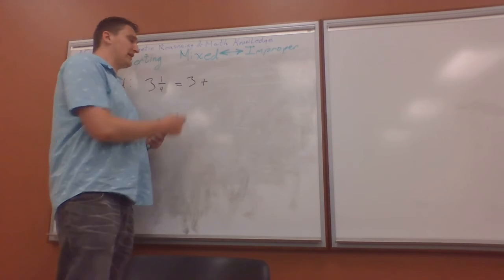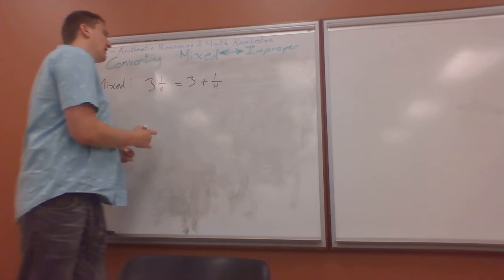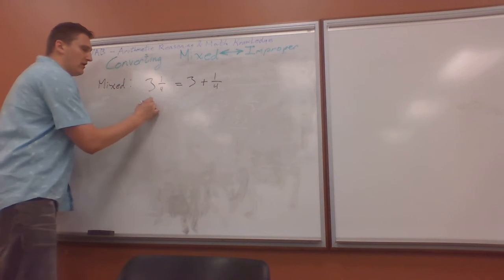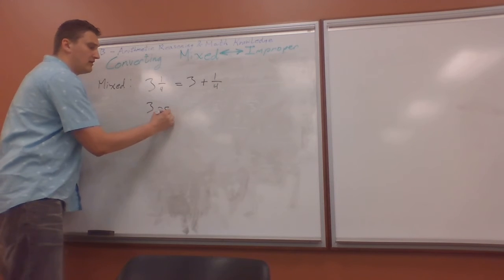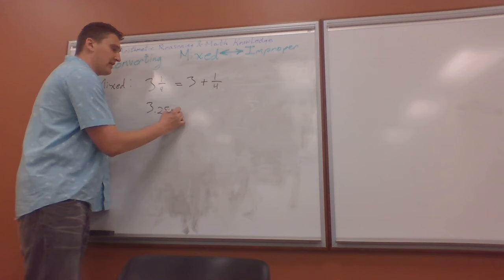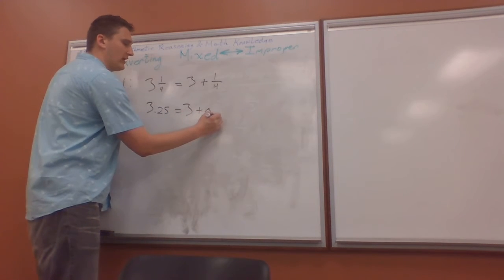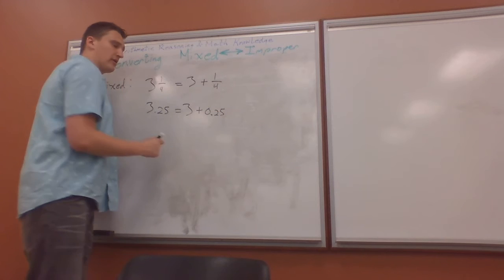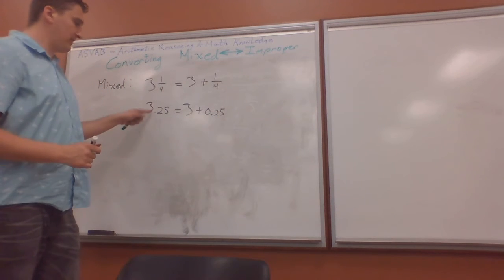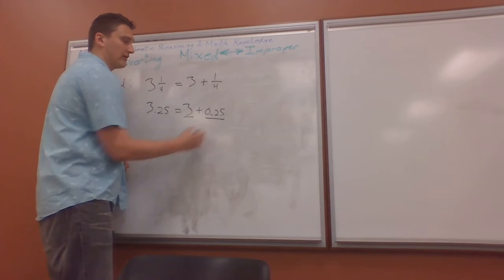You are literally adding a part to the whole. It's just like how 3.25, which is the same thing as 3 1/4, is the same thing as 3 plus 0.25. If I were to add these two together, I would get back 3.25. I can add the whole plus the part.